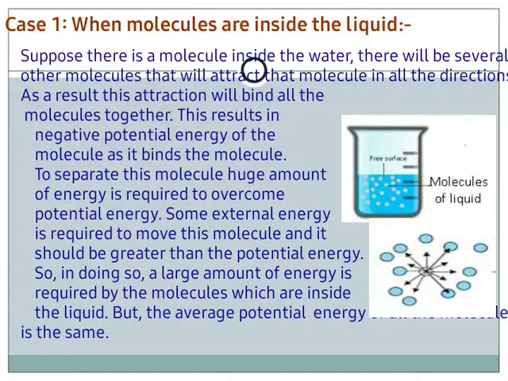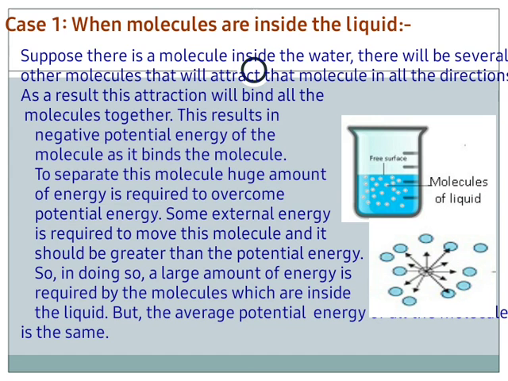But the average potential energy of all the molecules is the same. This can justify the fact that to displace a collection of liquid molecules far away from each other, it needs more energy.